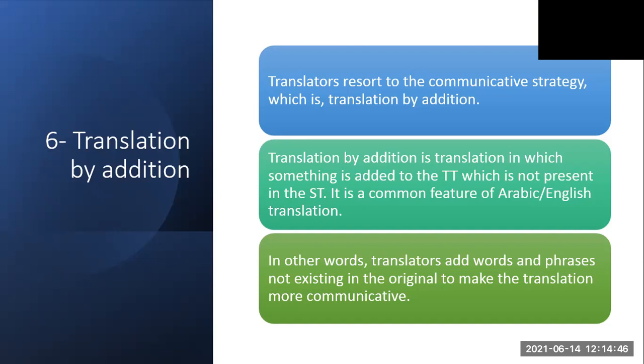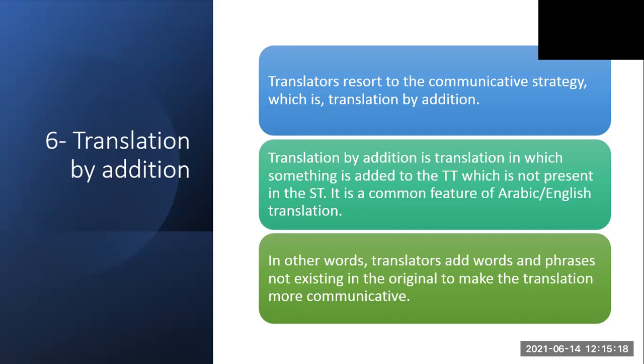So sometimes in this kind of strategy, translation by addition, we add something to the target text, which is not present in the source text. It's exactly translation by omission, but the opposite.